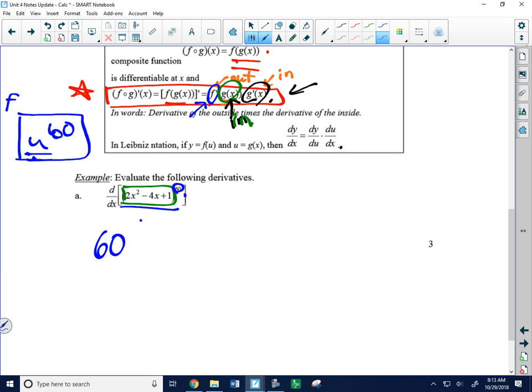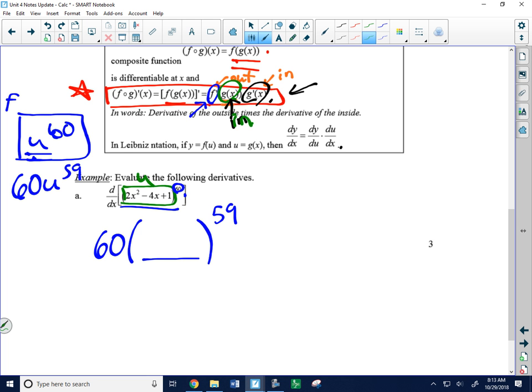60, then whatever's here, it's really 60 u to the 59th, right? I'm going to write that out. I'm going to leave it blank there, though. So it's 60 something to the 59th. Normally you would write in u, but my u is the green. The u is the inside part.